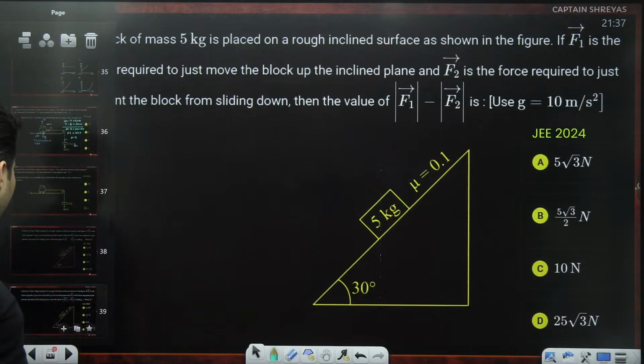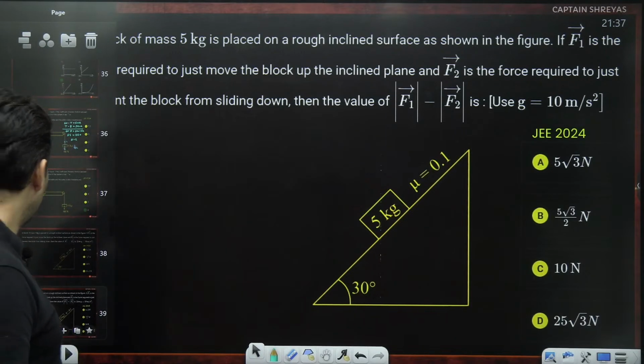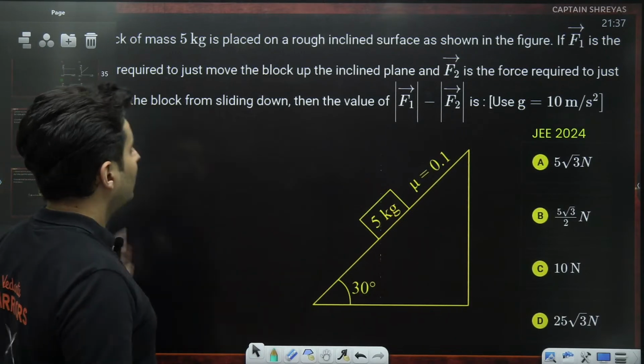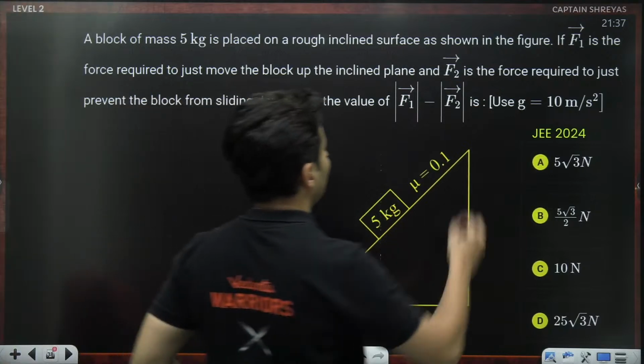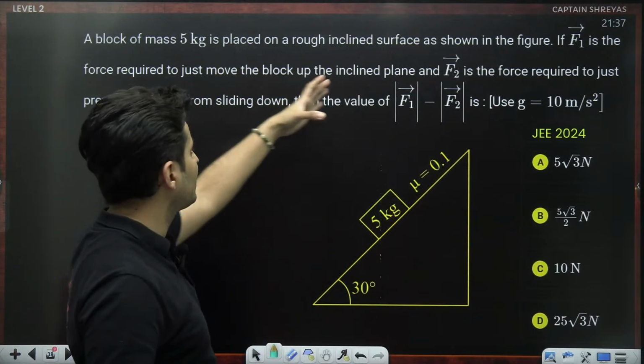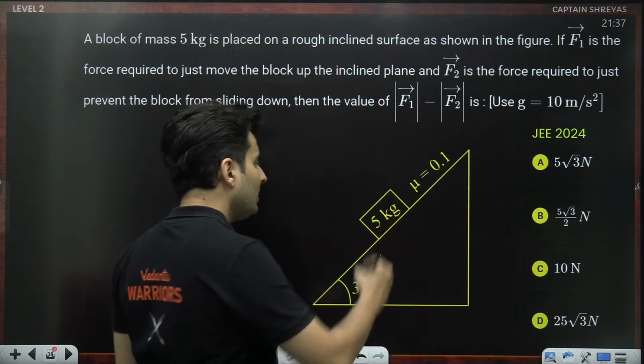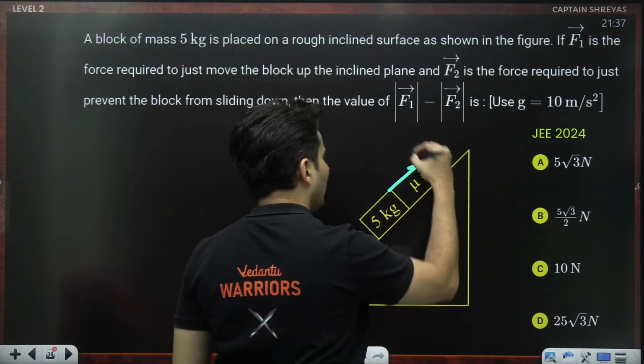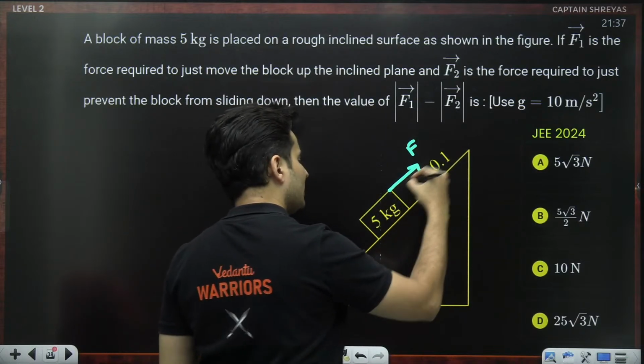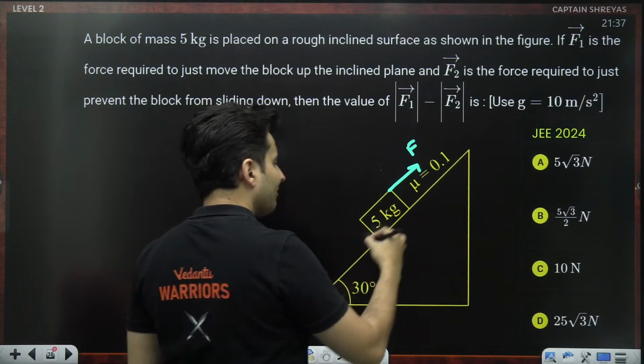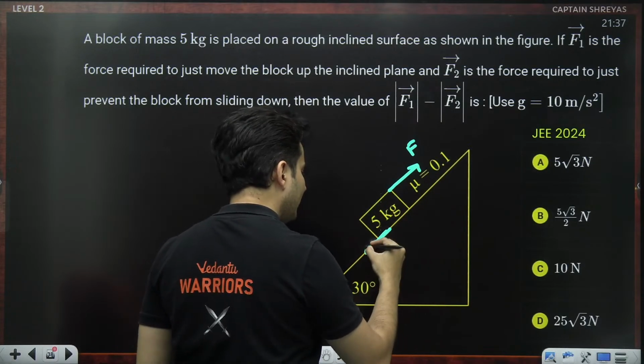So what is different in both of them? Let me tell you. Force number 1 is the force required to just move the block up the plane. Meaning, you pull this block up, it is just about to slide up, so friction will prevent it from sliding up.